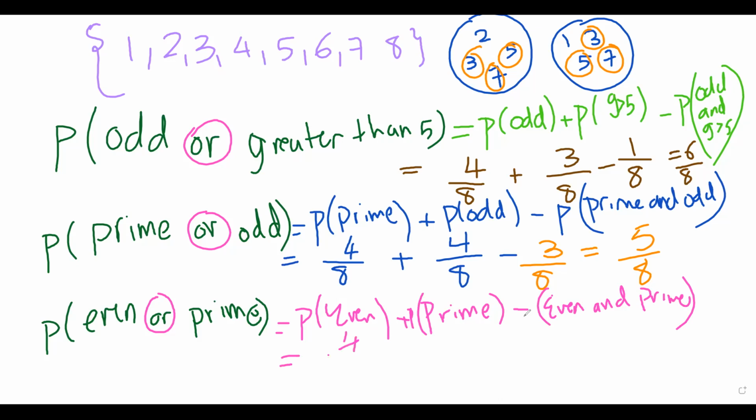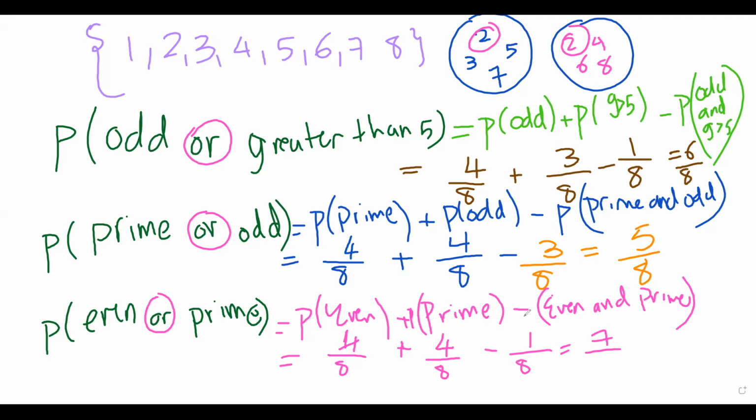So we have 4 numbers over 8. Plus, how many numbers are prime? We have 2, 3, 5, and 7. So we have 4. Now, how many numbers are even and prime at the same time? Only one number, which is number 2. So we have the answer now as 7 over 8.